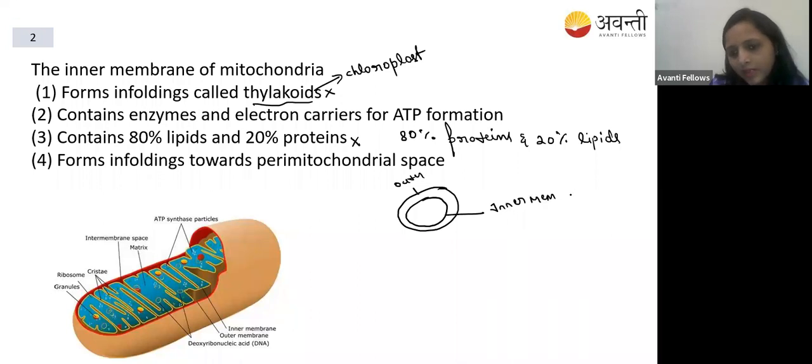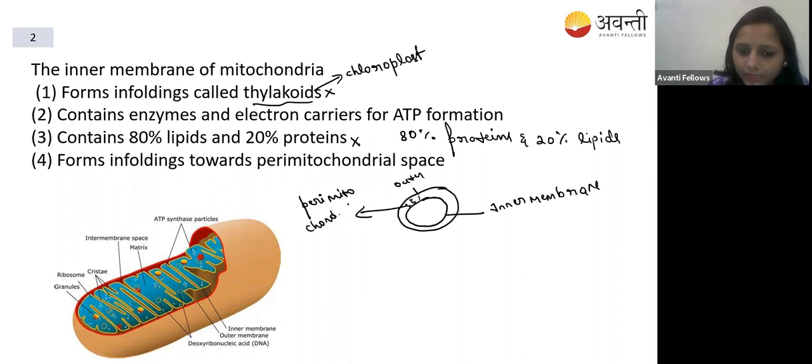In between these two, there is a space, right? That space we call the perimitochondrial space or intermembranous space, because two membranes are there.